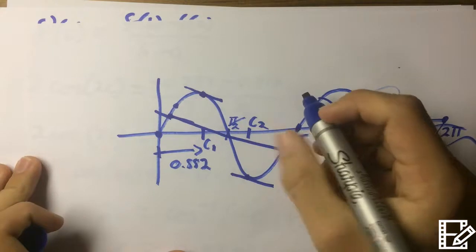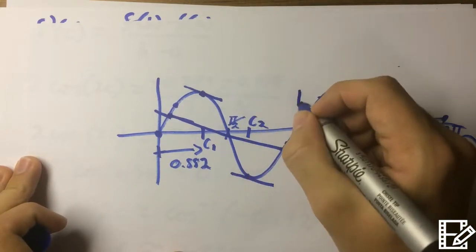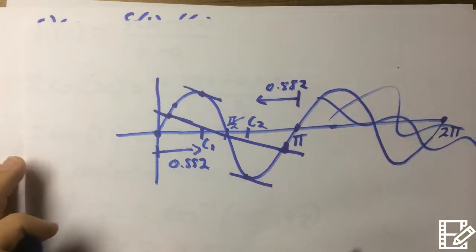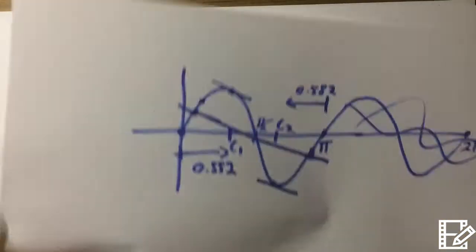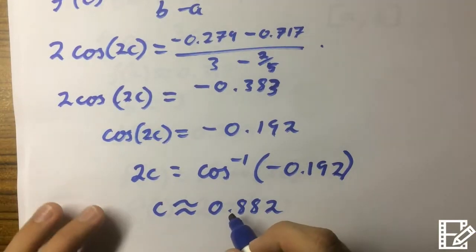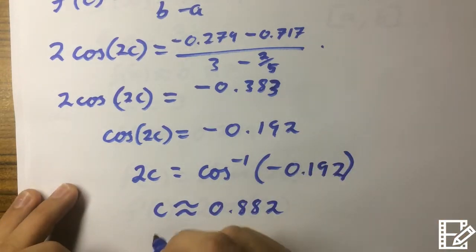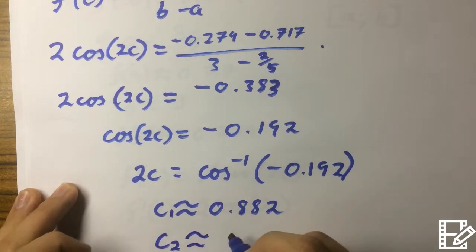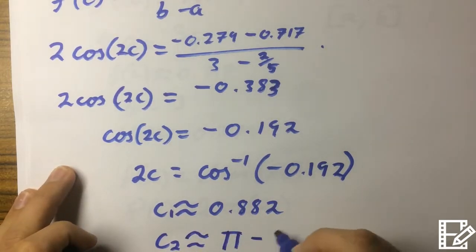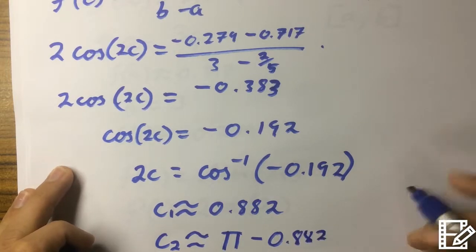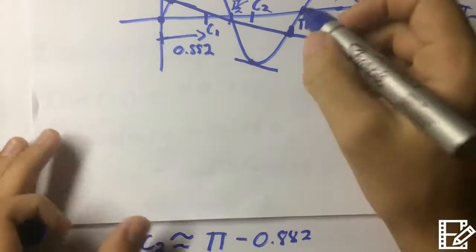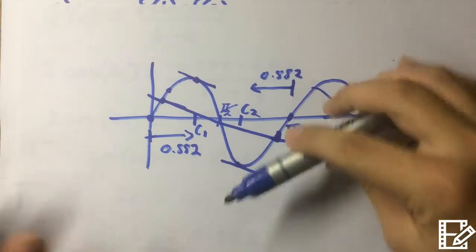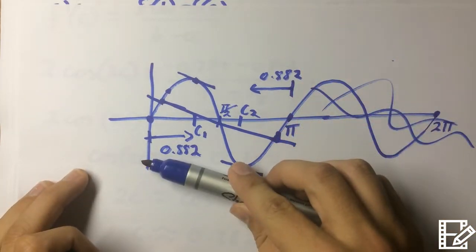So this point here, C2, is basically if you went back 0.882. Okay, so this is 0.882 from 0, and therefore that's C1, and C2 would be roughly pi minus 0.882. That's because it's going in the negative direction. This is the way I do it. It's going in the negative direction, 0.882.